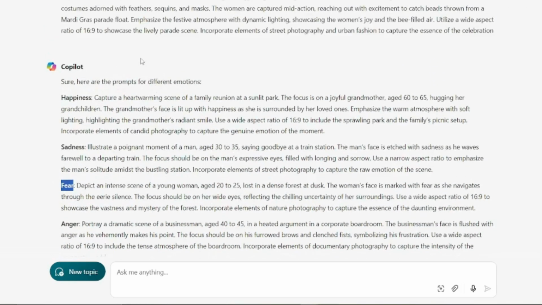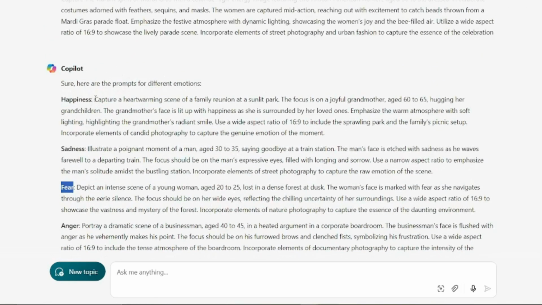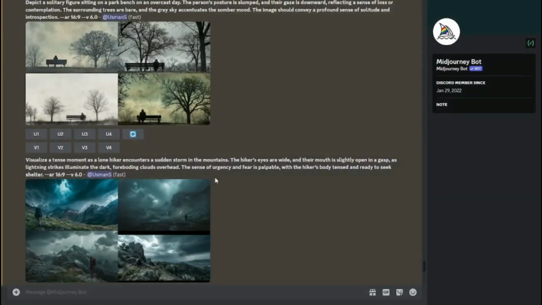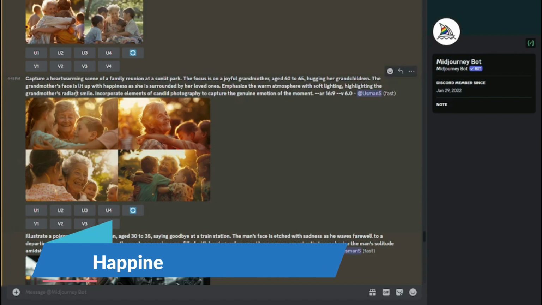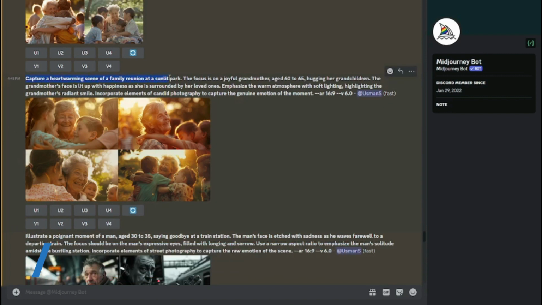Okay, so now let's copy and paste all of these prompts, test them out in Midjourney and see how it looks. First of all, if you talk about happiness, I provided: capture a heartwarming scene of a family reunion in a sunlit park. The focus is on a joyful grandmother aged 60 to 65 hugging her grandchildren. The grandmother's face is lit up with happiness as she is surrounded by her loved ones.